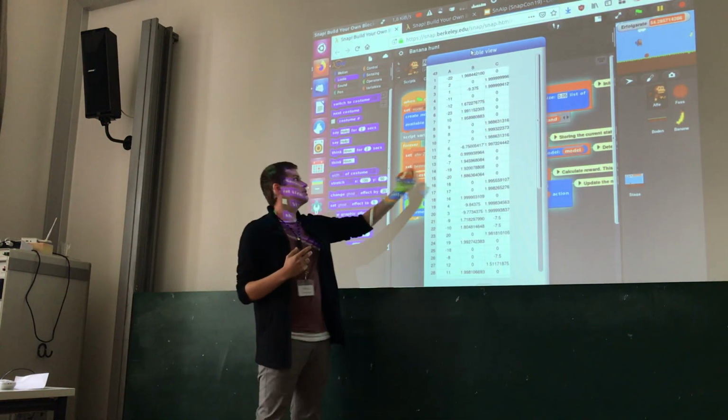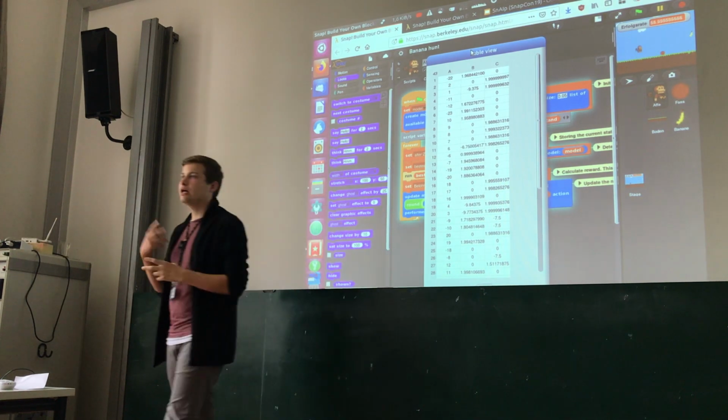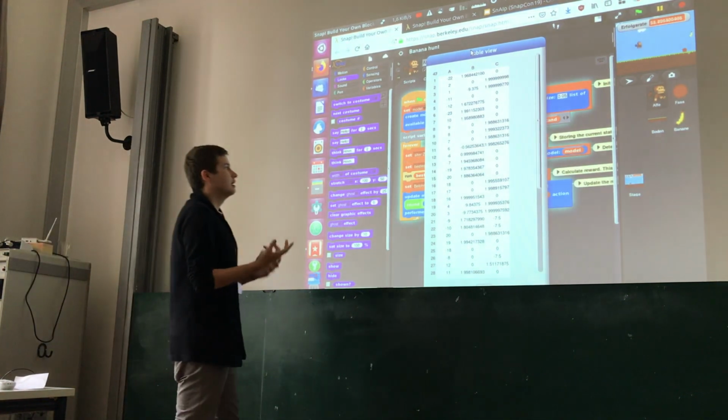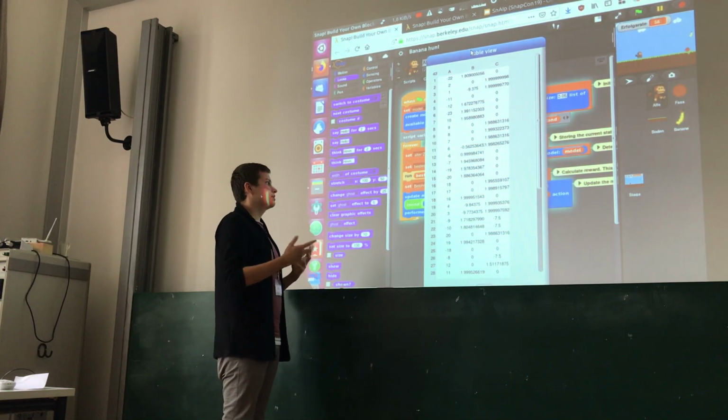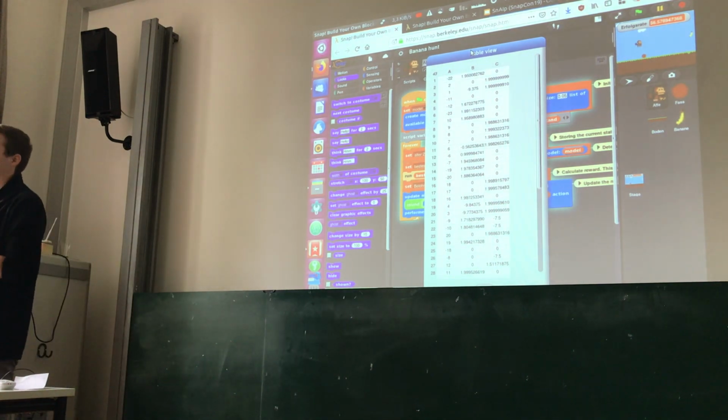But this way we can see why the monkey jumps, why it does not jump, and how these values are changing. It's just our reward, and in this implementation we have factors like discount factor, learning rate, and stuff you would do in reinforcement learning.